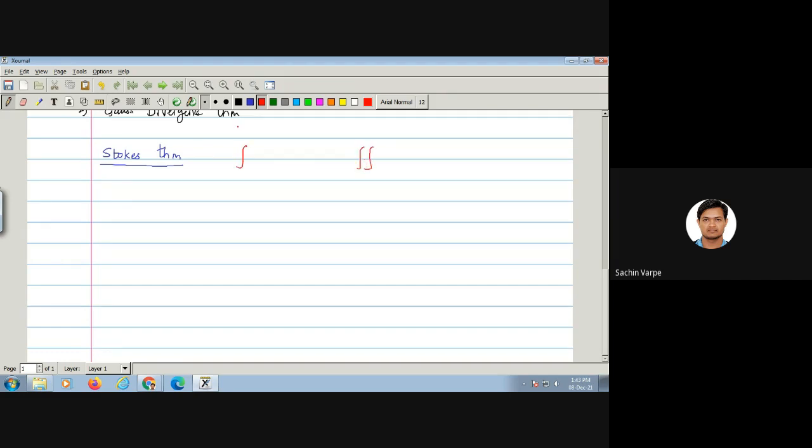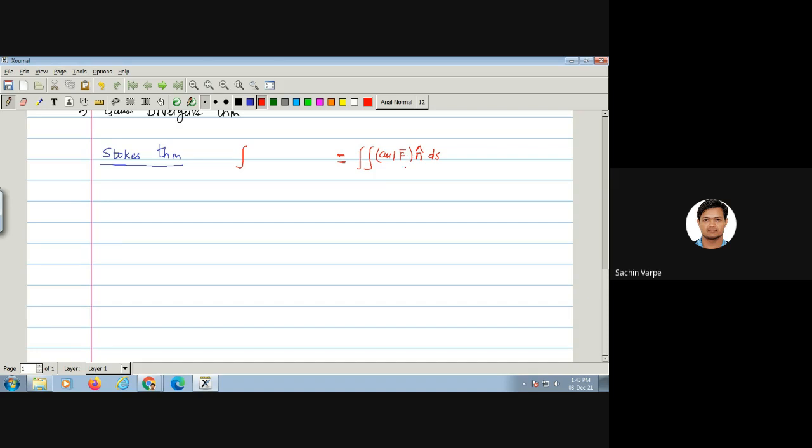So what the Stokes theorem says, I am first of all writing the right hand side. Stokes theorem says the surface integral of the normal component, that is n cap ds, of the curl of a vector point function f bar, that is curl of f bar, okay?